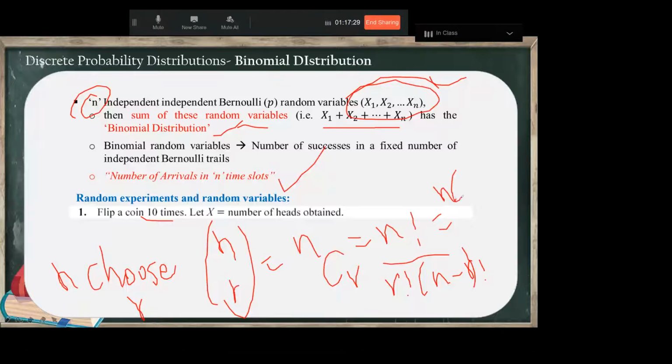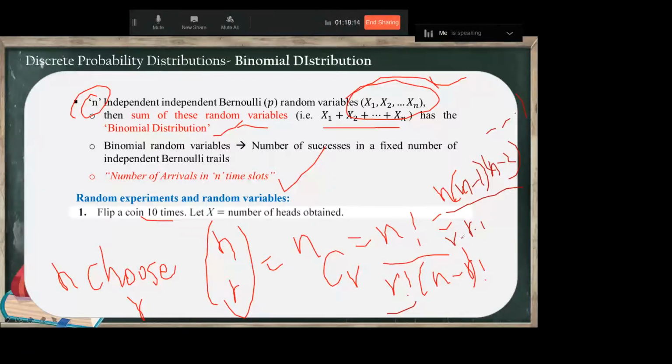It's n times (n minus 1) times (n minus 2) and so on, down to 1. And similarly r factorial means r times (r minus 1) times (r minus 2) and so on down to 1.